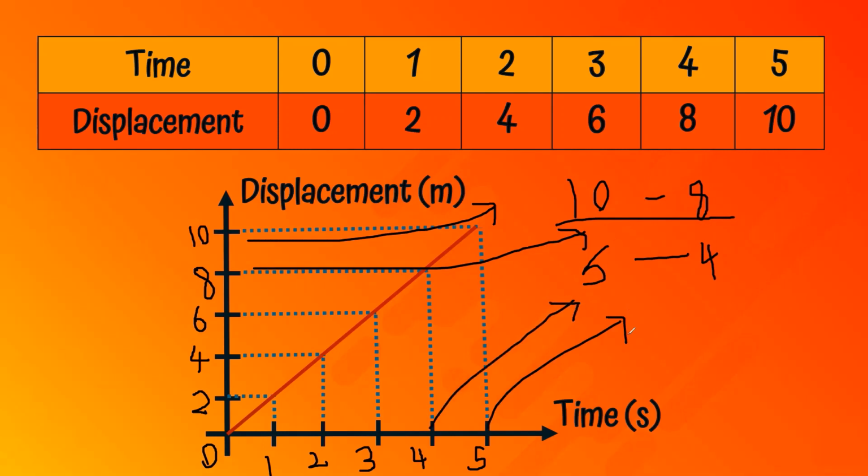So the velocity is 2 ms^-1, here 2 divided by 1. Final answer, the velocity is 2 meters per second.